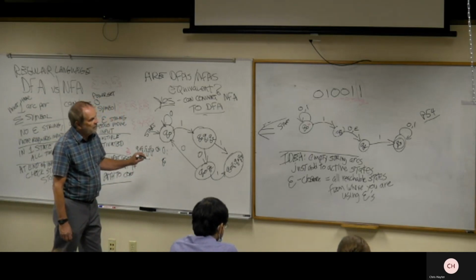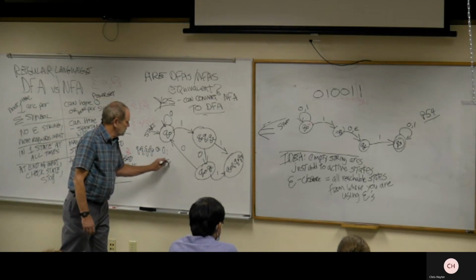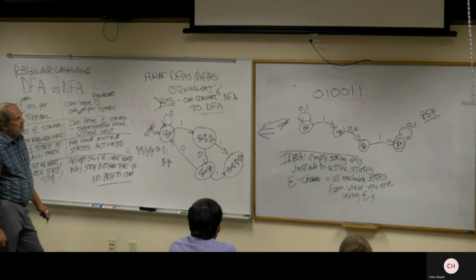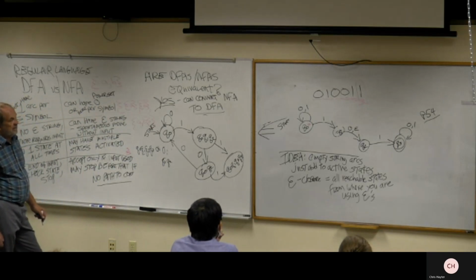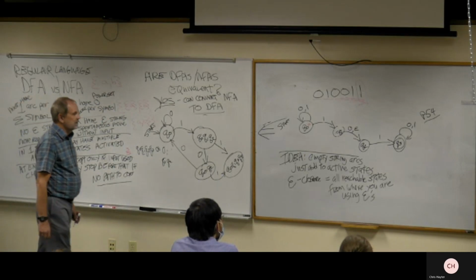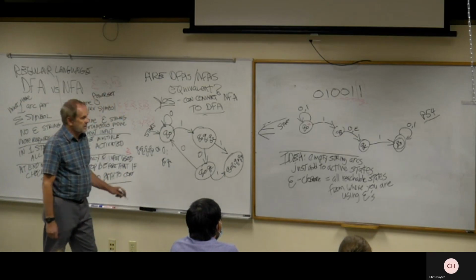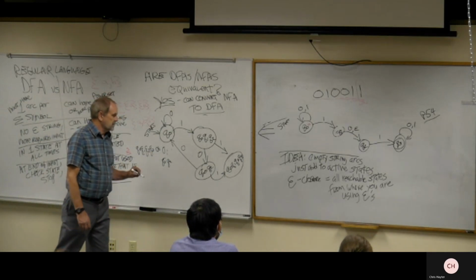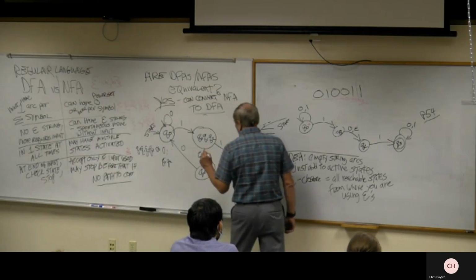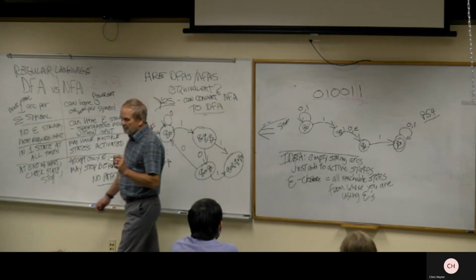But doesn't Q3 loop in on itself with 0 as well? Oh, I'm sorry, Q3. Yes, Q3 is still active. Q2 on 0 doesn't add anything, but Q3 adds Q3 in there. So we've got another Q0, Q3.